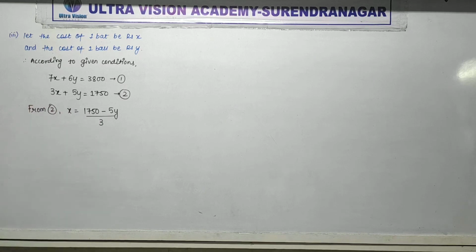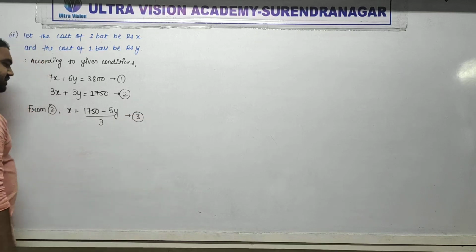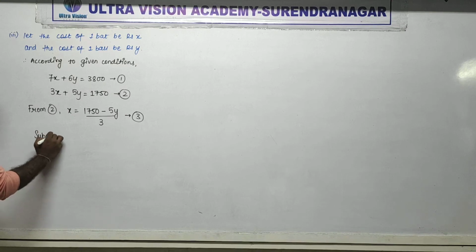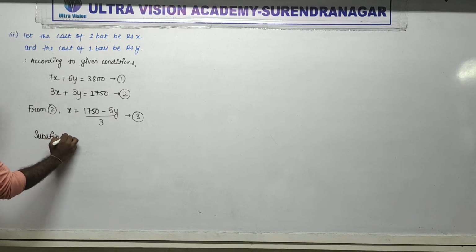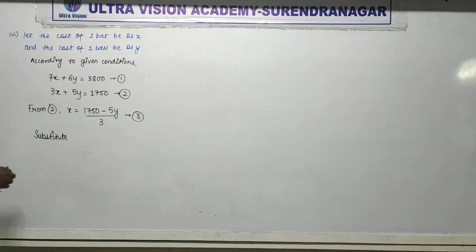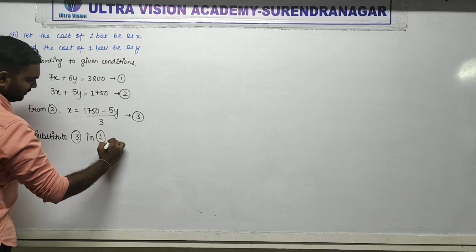This 3 will go to the denominator, so it is divided by 3, giving us the third result. Ready? Now what shall we do? Substitute result number 3 in 1.